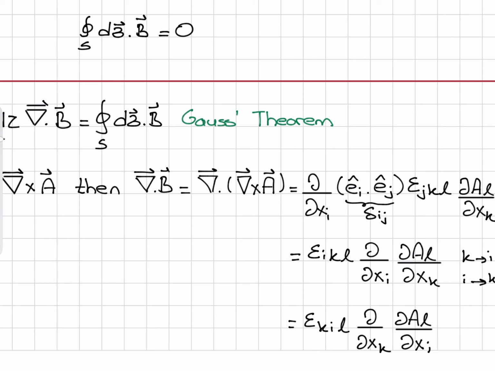And ikl to kil, so we go from k to i to l. This is the positive direction here. If I go to ikl, that's the negative direction.